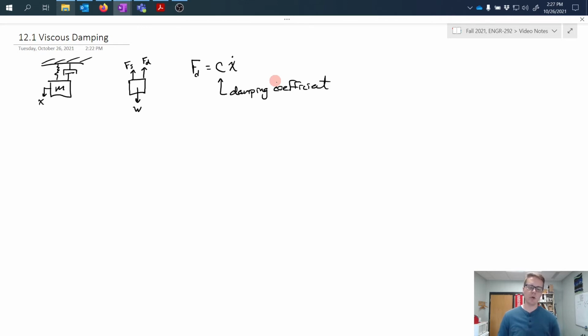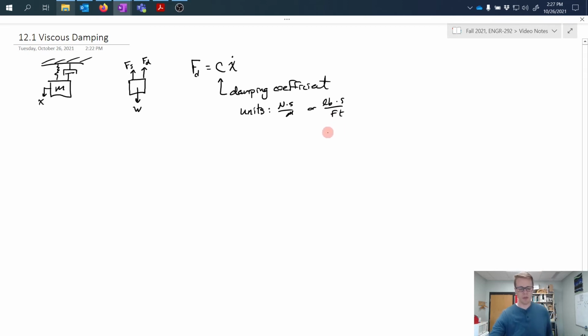If we move slowly, we wouldn't expect very much resistance. So this damping coefficient is what controls that and defines the damper and how it influences the system. The units on the damping coefficient are Newton seconds per meter or pound seconds per foot, as a couple of options.